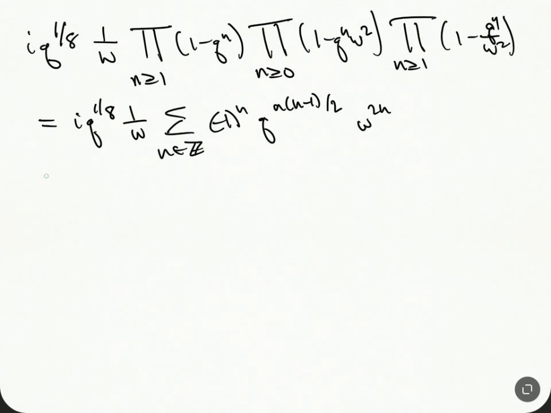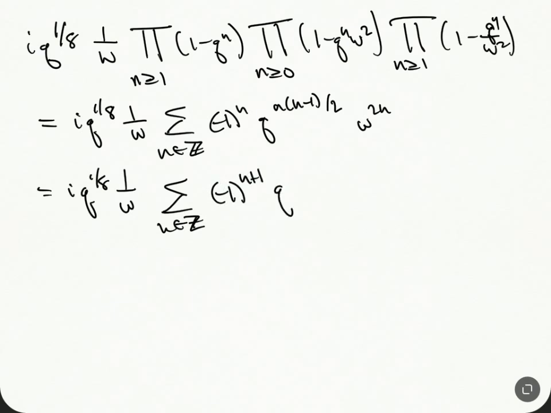So what do we do? i q to the 1/8, 1 over w, and now we shift the index. Negative 1 to the n plus 1, and then we do q to the n plus 1 here. This just becomes n divided by 2, w to the 2n plus 2.